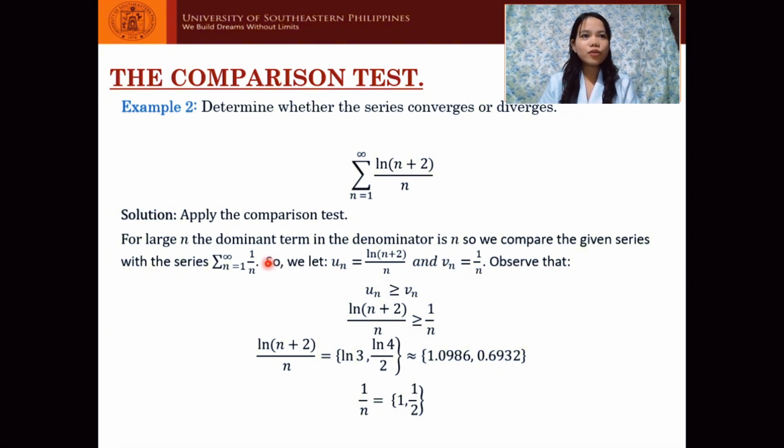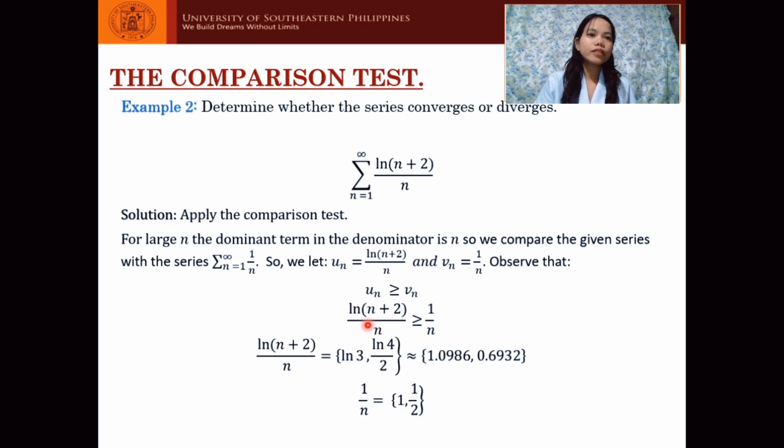We are going to let u sub n be equal to the natural log of n plus 2 all over n, and v sub n is equal to 1 over n. So we can observe that the u sub n should be greater than or equal to v sub n.